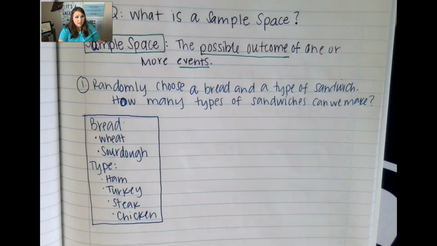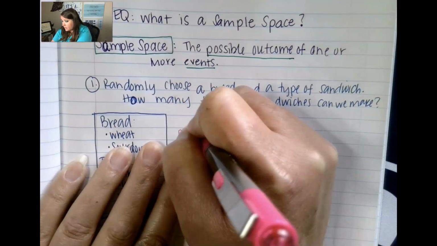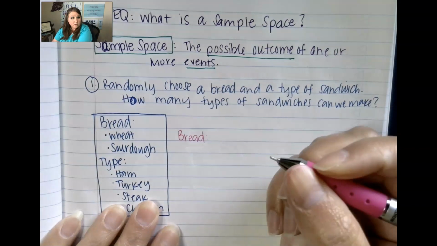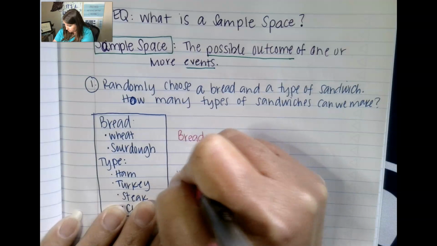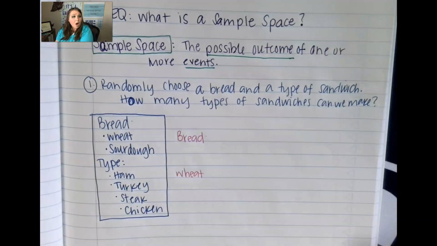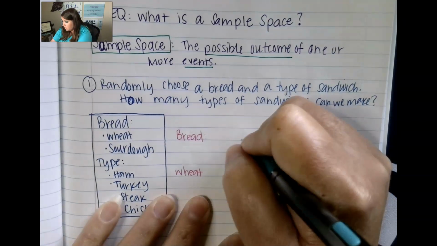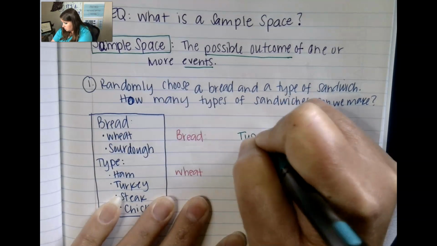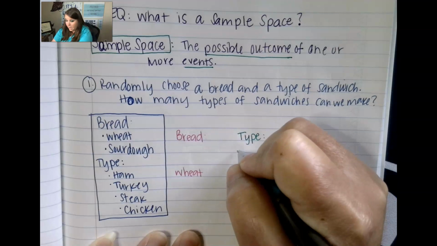So let's first start by looking at the type of bread. The type of bread that we could have is wheat. On wheat bread, we could have a type of sandwich that is ham.